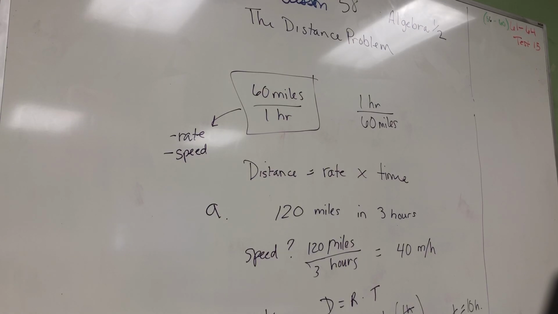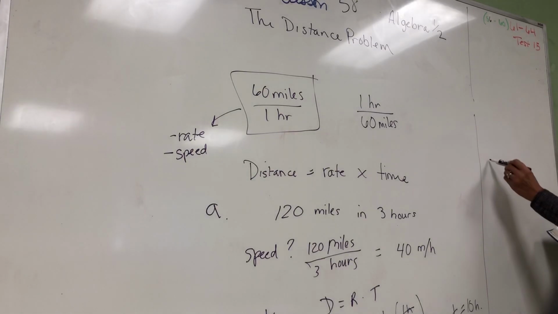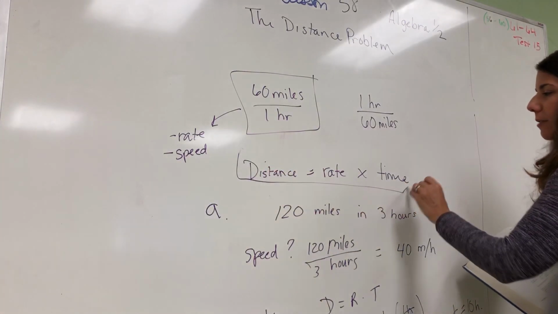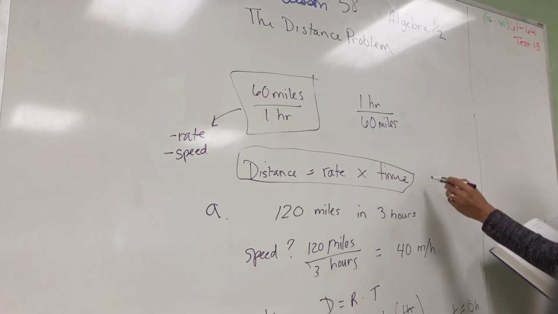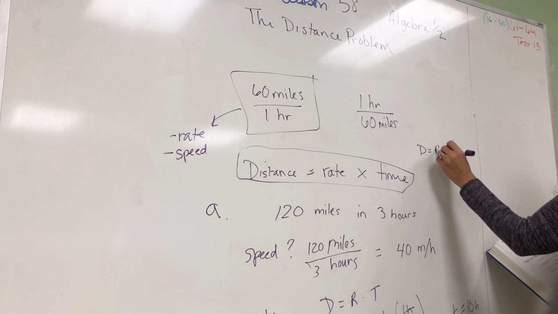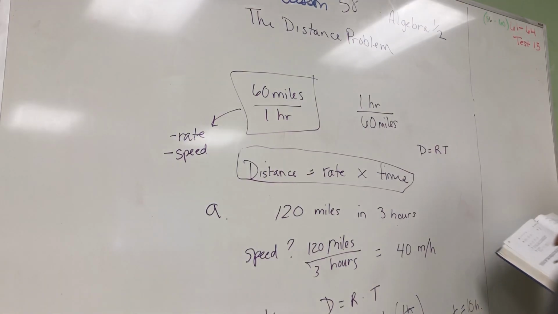Another way we could do that would be to take this same equation here, D equals RT, and solve it for time. So if we know D equals R times T, then what does T equal?